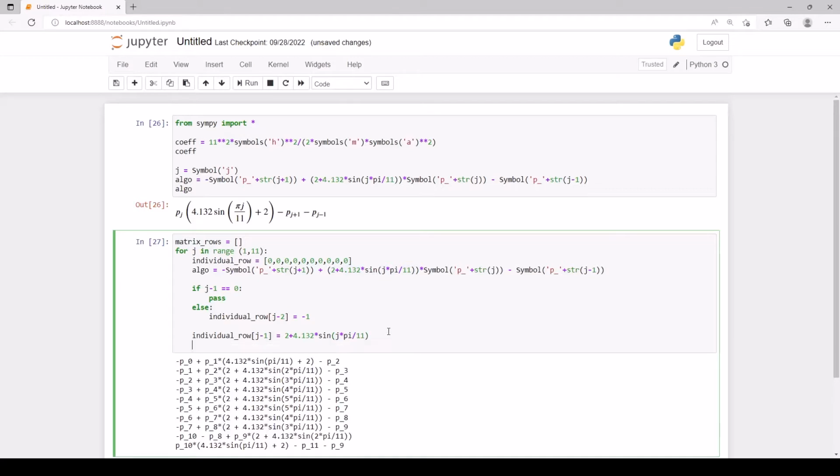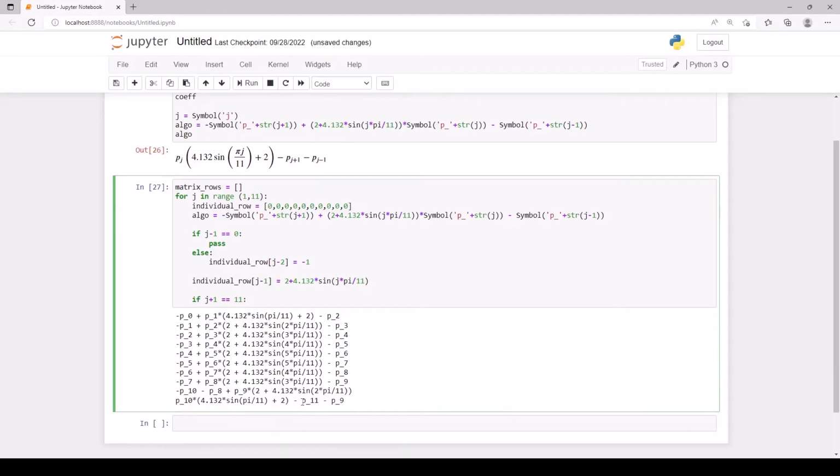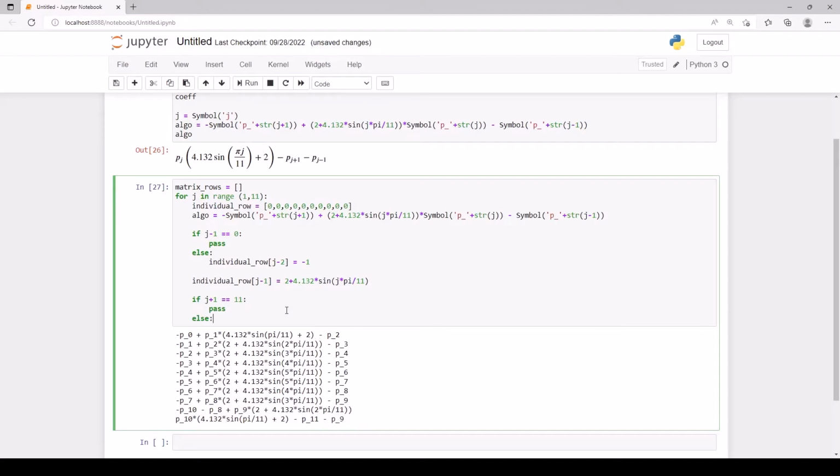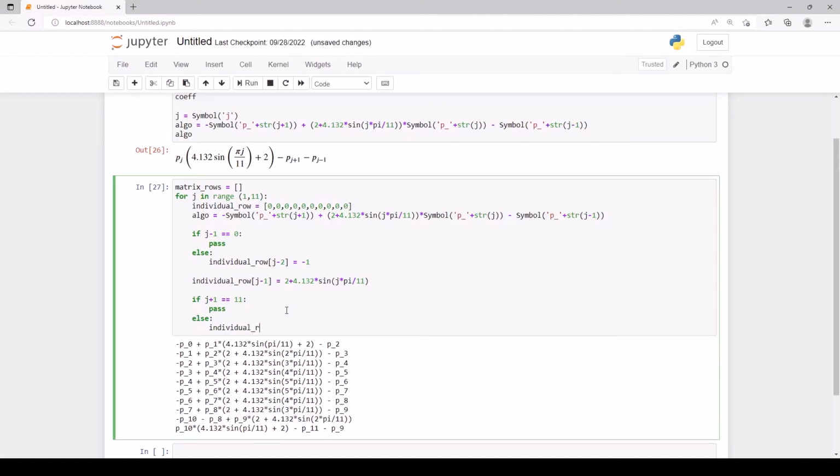Next, if j plus 1 is equal to 11, so this is going to give me the edge case where we have psi 11, then I'm going to pass just like before. Otherwise, individual row, and this time, once again, because of the offset of -1 in the index method, instead of j plus 1, it's just going to be j.